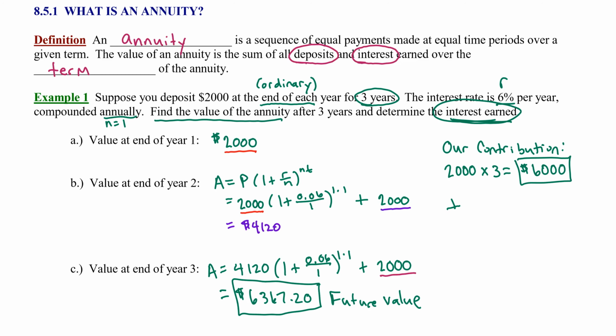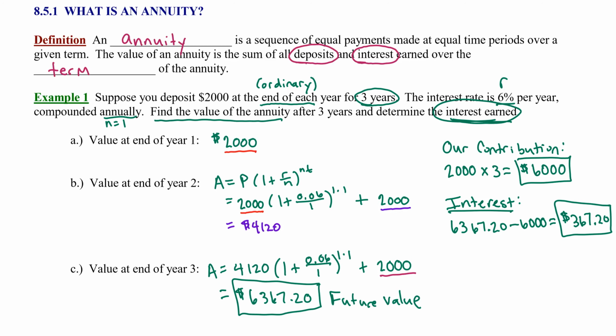So the difference between those two gives us the interest earned. So the interest is going to be calculated as $6,367.20 minus $6,000. So we can see that's $367.20.